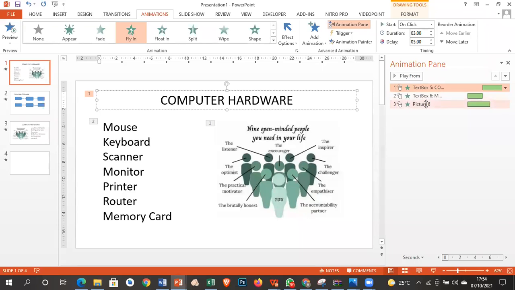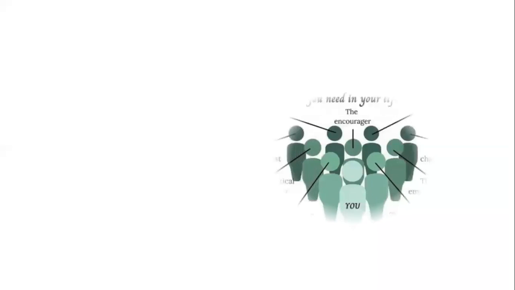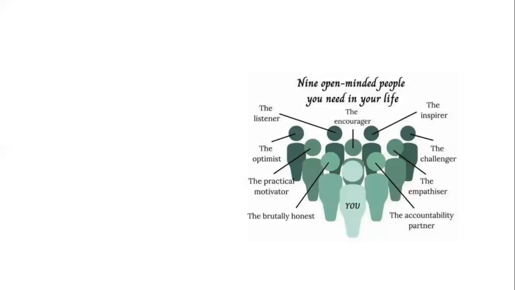Now, let us see something. If at any one time you give an animation to the picture first, what is going to happen? This is what will happen to your presentation. I run a slideshow. That transition goes out. Are you seeing that the picture comes first?